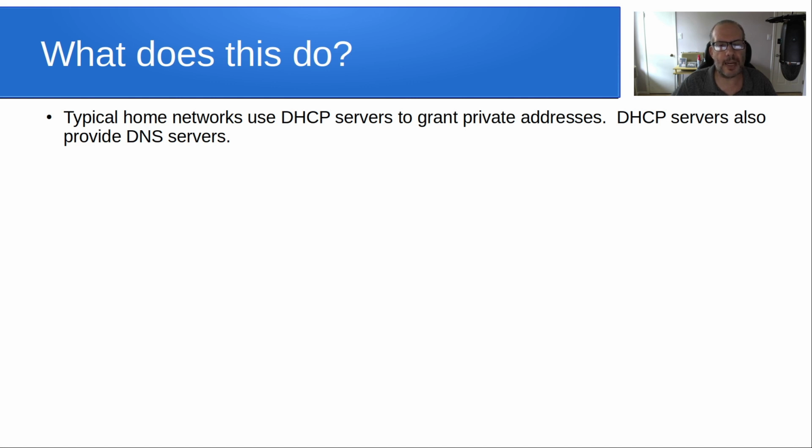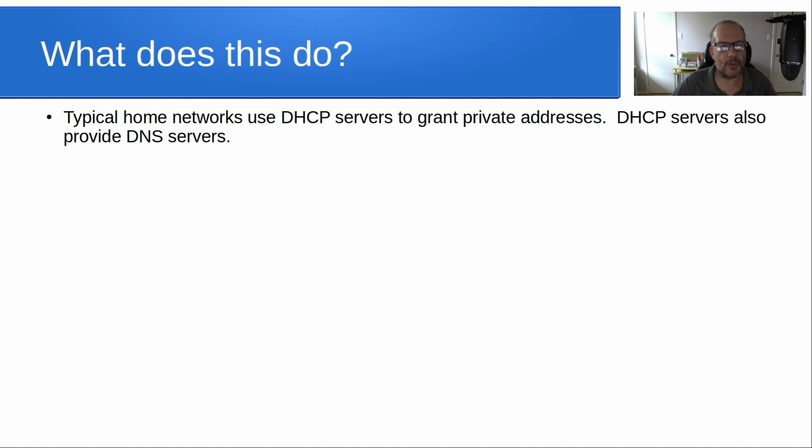And if you haven't made any changes to these, then it's using your ISP's DHCP servers. And if you have made changes, you're probably using Google, or you're using Cloudflare or one of the other domain name service providers to resolve your domains.